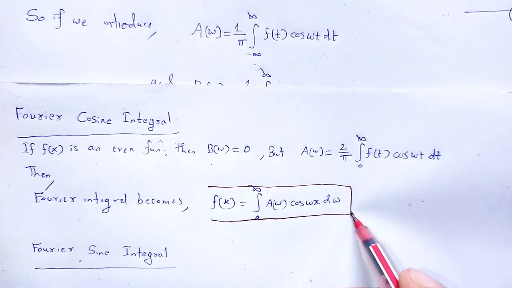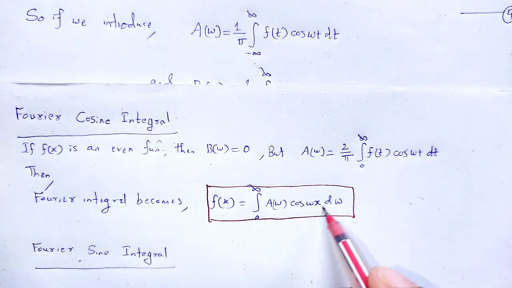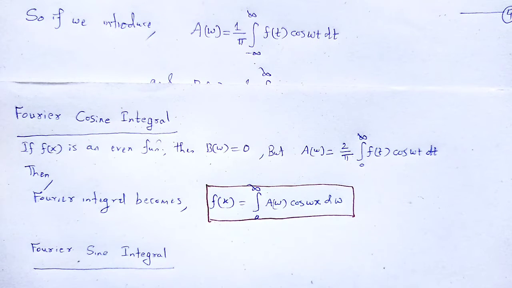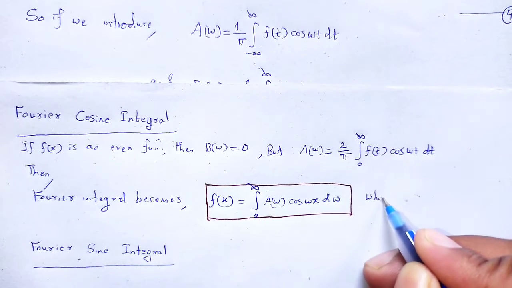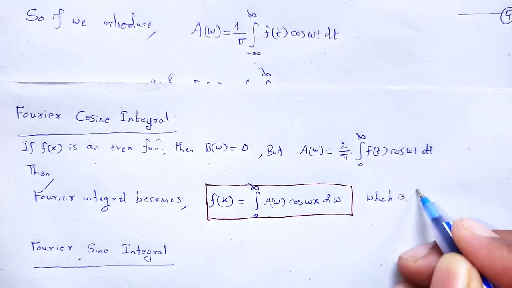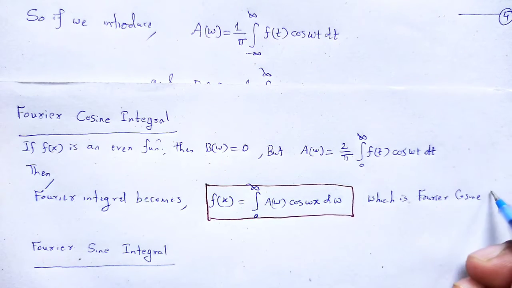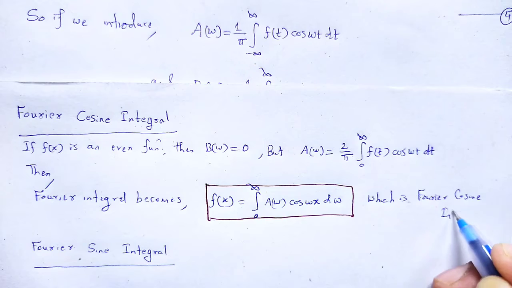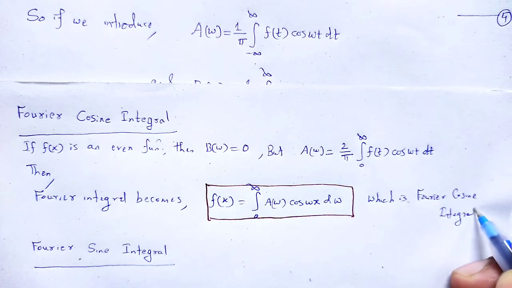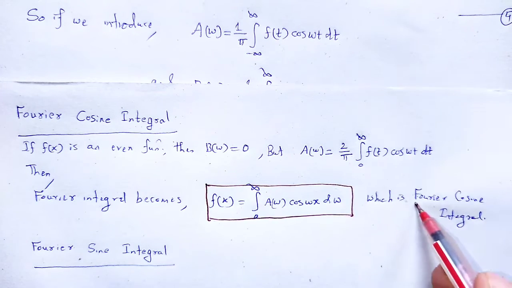Here there will be the cos term. That is the reason we call it the Fourier cosine integral.